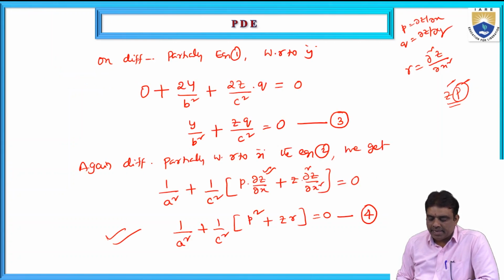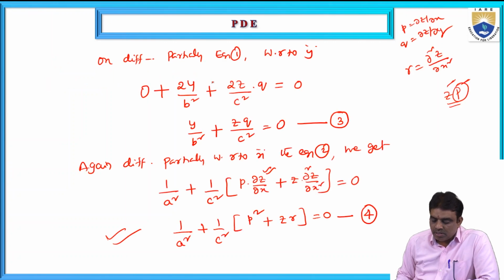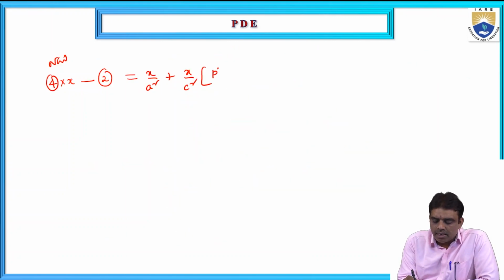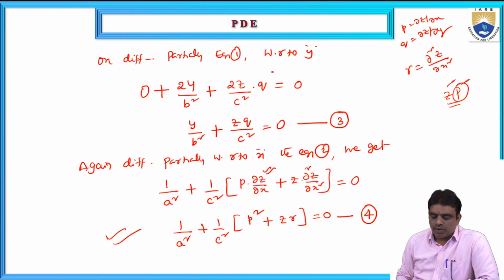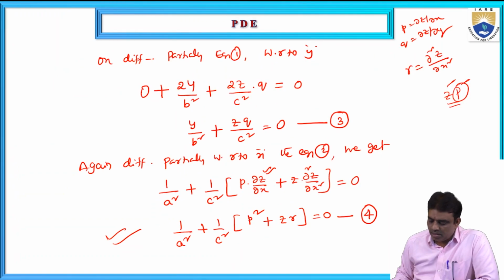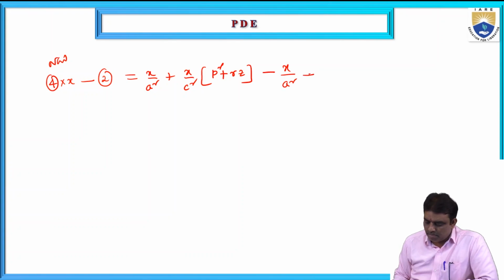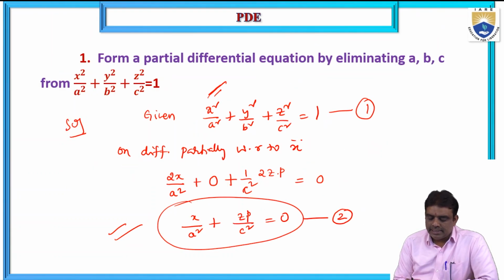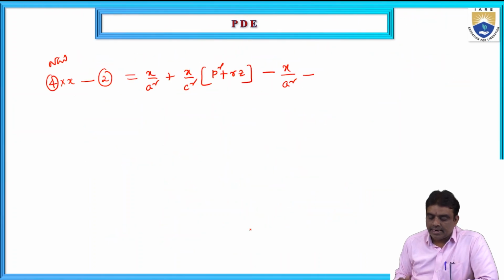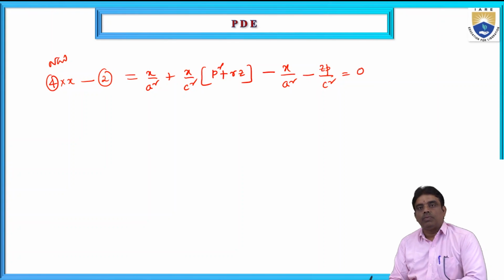Equation 4 multiplied by x means x/a² plus x/c² into p² plus r into z, minus equation 2, which is x/a² minus zp/c², that is equal to 0.